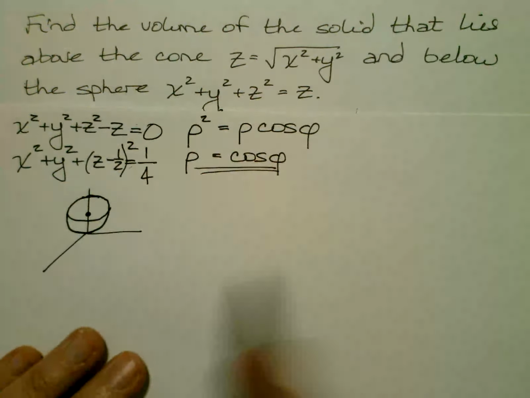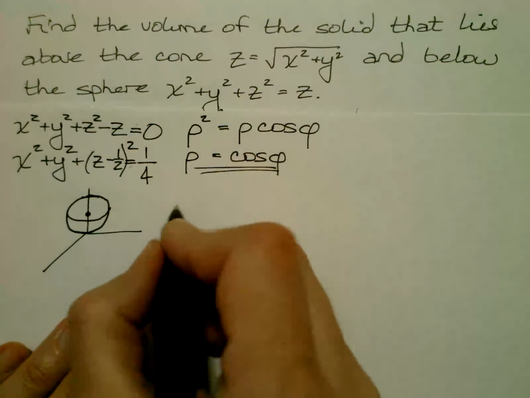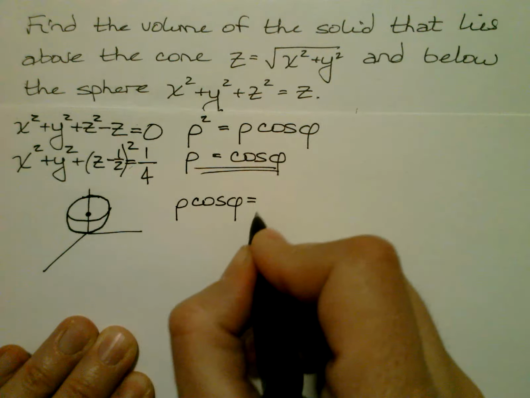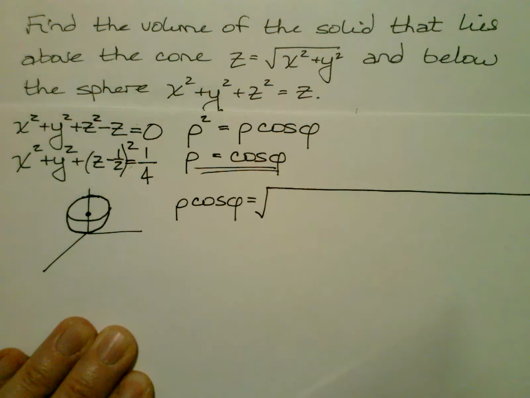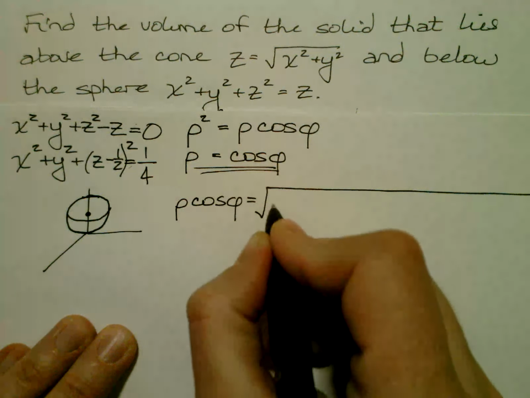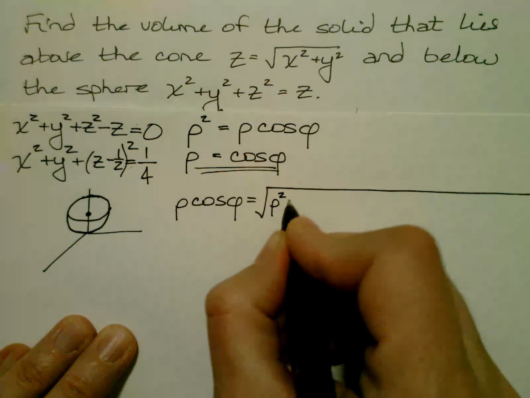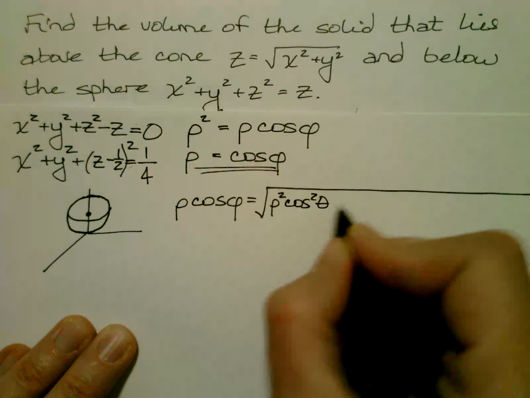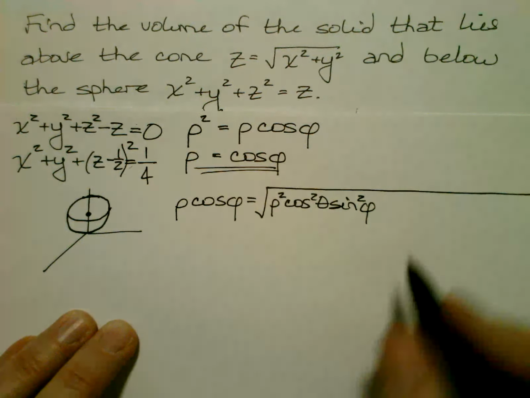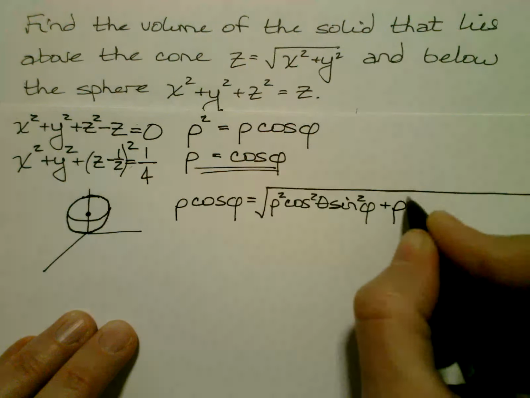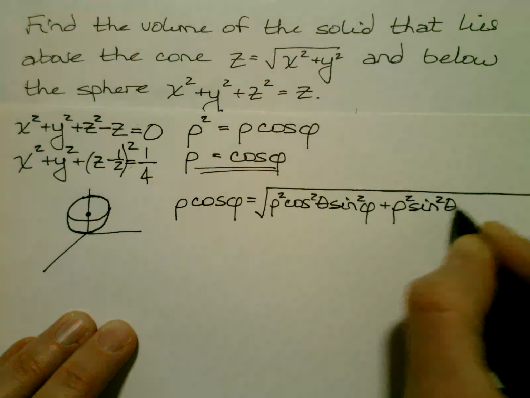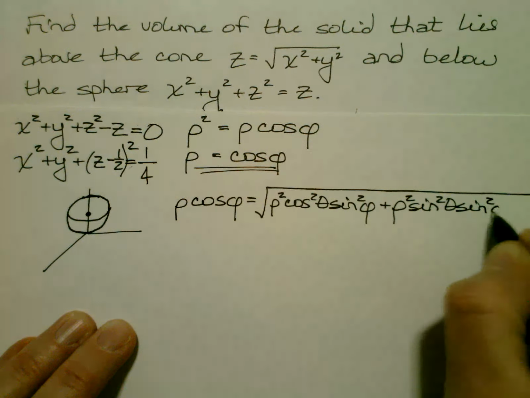Let's look at the cone. So cone is z is the square root of x squared plus y squared, in those spherical coordinates. x is rho cosine theta sine phi, so x squared is rho squared cosine squared theta sine squared phi. y is rho sine theta sine phi.